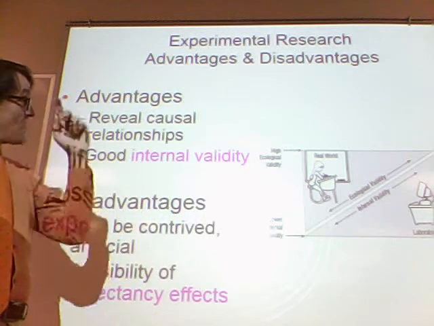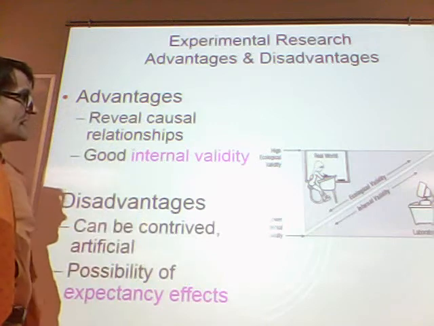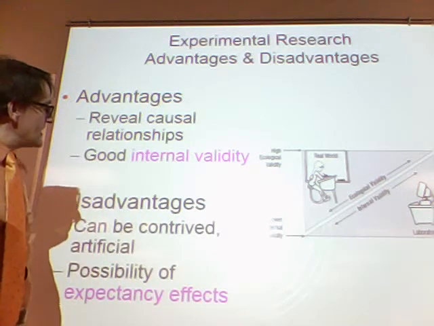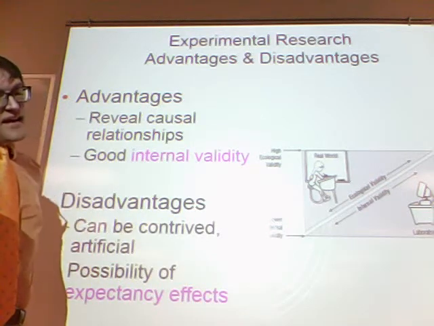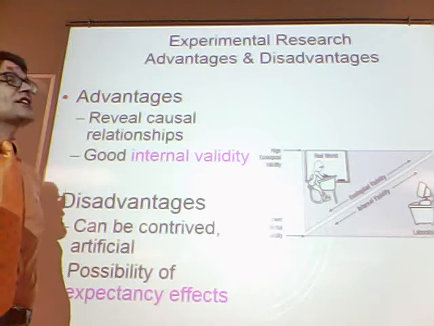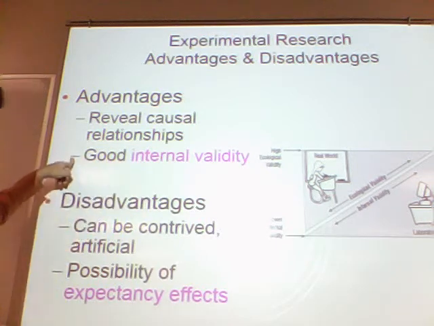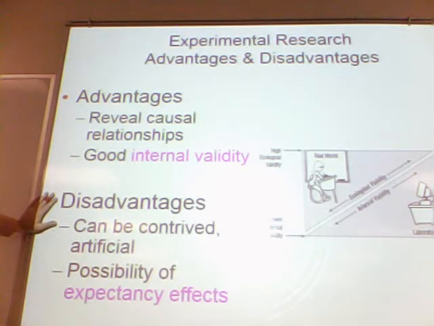Experimental research is better in that it tends to have good internal validity. Internal validity, as I say, is very briefly the ability to control, the ability to eliminate external factors. But as we said, experiments, especially laboratory experiments, can sometimes be artificial.